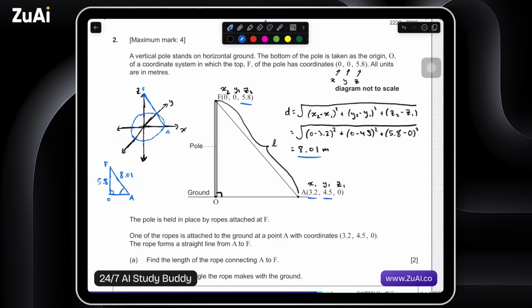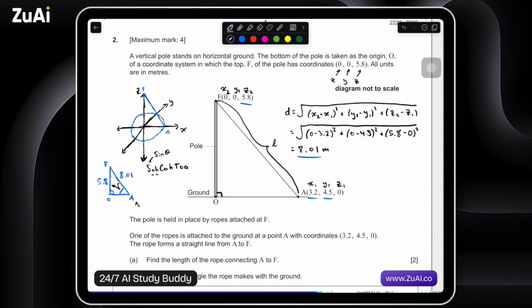So what do we have? If we want to find this angle right here, we have the opposite and we have the hypotenuse. Remembering SOHCAHTOA, we have the opposite and the hypotenuse, so we should use sine theta.